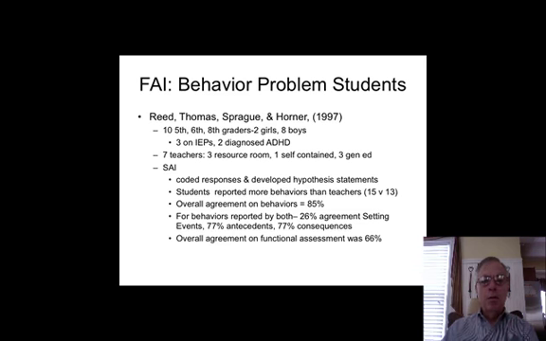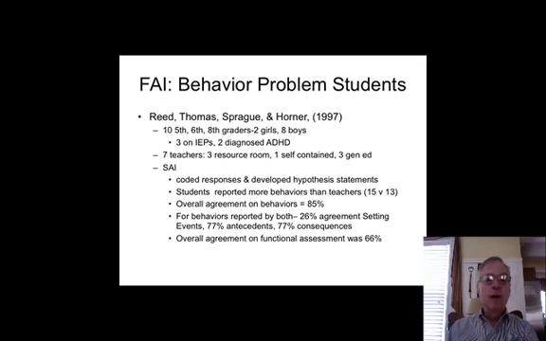The next was something called the Functional Assessment Interview, Behavior Problems, Problem Students, Reed, Thompson, Sprague, and Horner in 1997. They looked at 10 5th, 6th, and 8th graders, 2 girls, 8 boys, and with this structured interview, they coded responses on hypotheses. Overall agreement for them was about 85%.